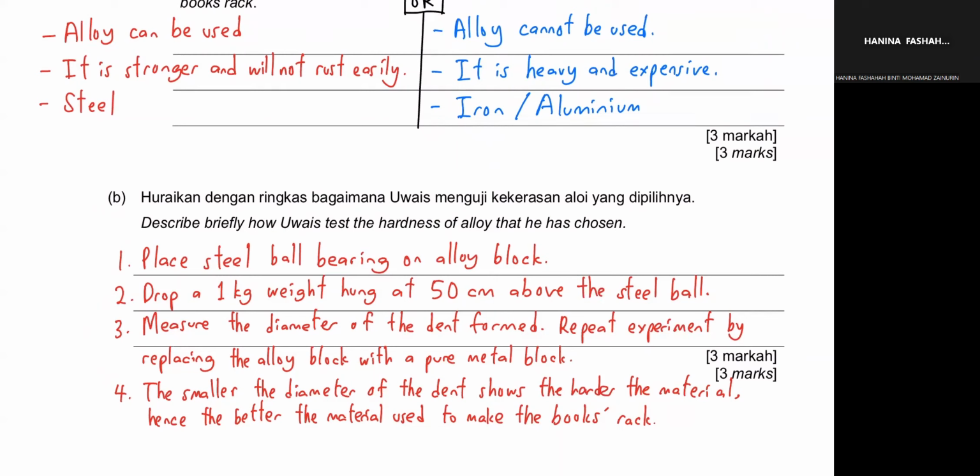Smaller dent, harder, so means alloy. If it's a bigger diameter of the dent, it means they're using pure metal, not strong enough. Hence the harder material means better material used to make the books, right?